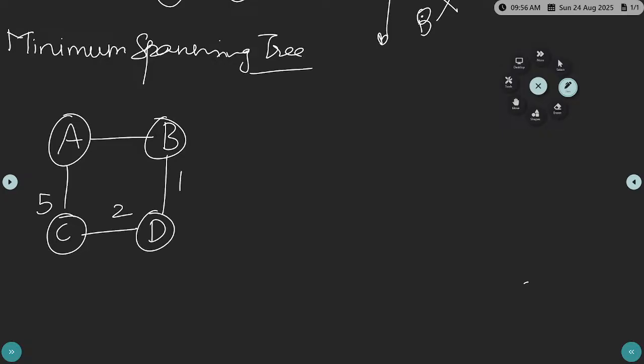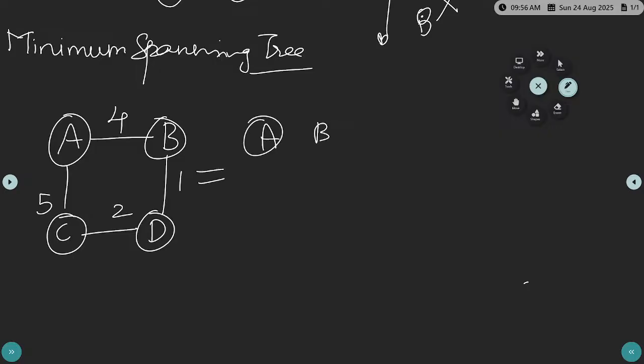Construct for this one the minimum spanning tree. How do we find it out? Take down the weights of it. What is the minimum cost here? We have to construct a spanning tree here. All the 4 vertices should be there.